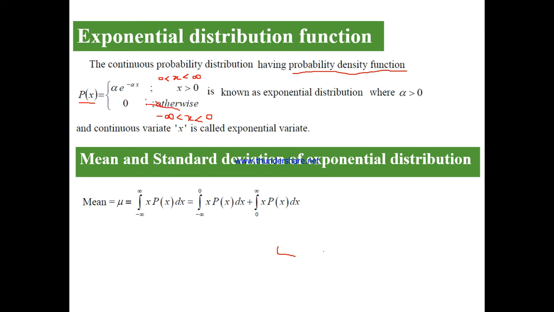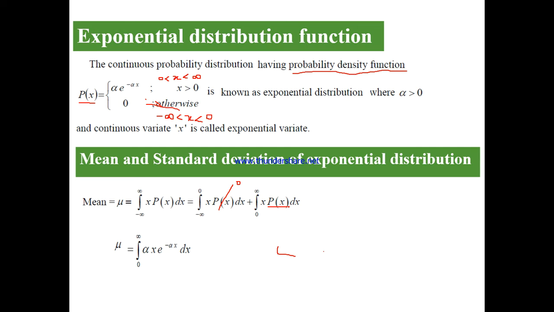So what are we doing over here? Let us split this integral minus infinity to plus infinity as minus infinity to 0, and 0 to infinity. Minus infinity to 0, it's very clear from our definition, it is 0. Now between the integral 0 to infinity, p of x is alpha into e to the power minus alpha x.